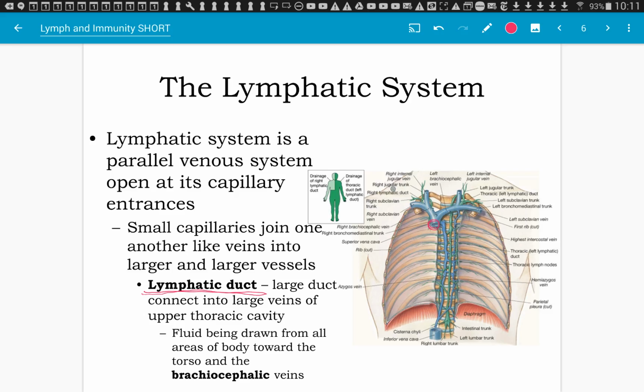The right lymphatic duct is right here at the junction between your right subclavian and your right internal jugular vein. On the other side, you have your left lymphatic duct, also called your thoracic duct, at the junction between your left internal jugular and your left brachiomediastinal trunk. Ooh, that's a fun word.